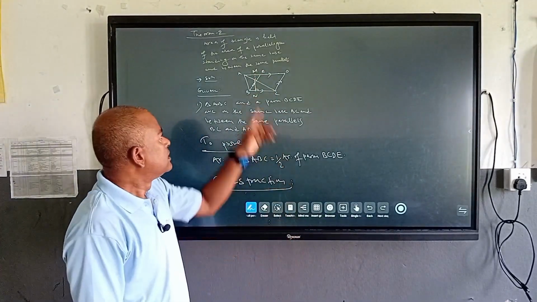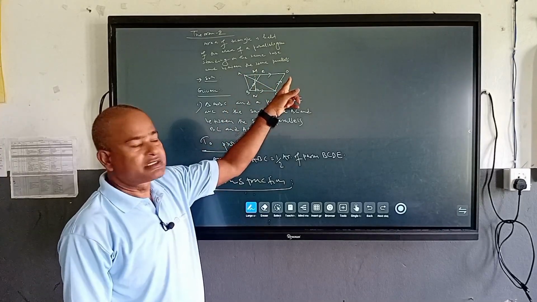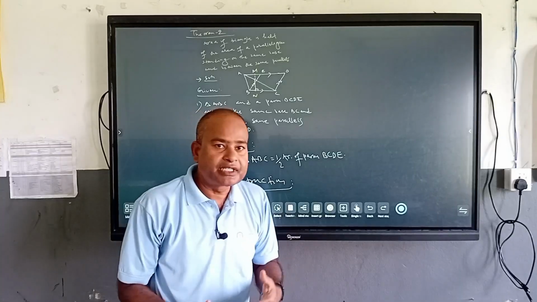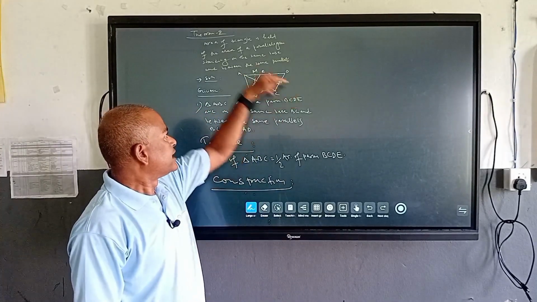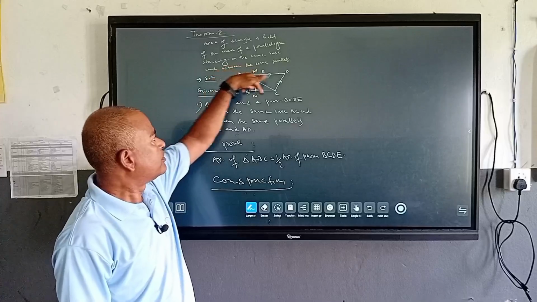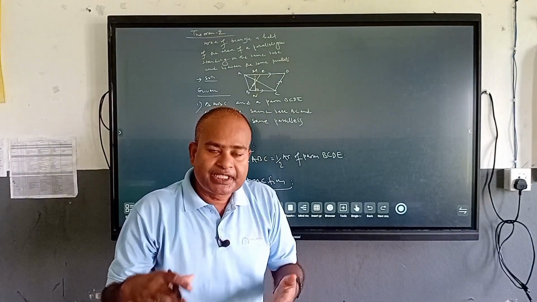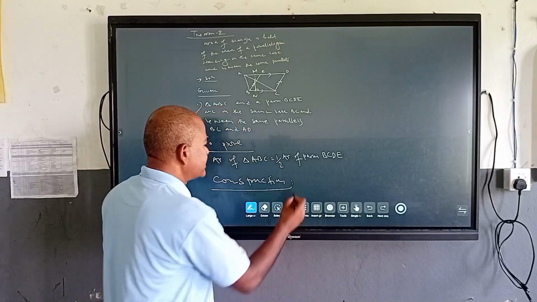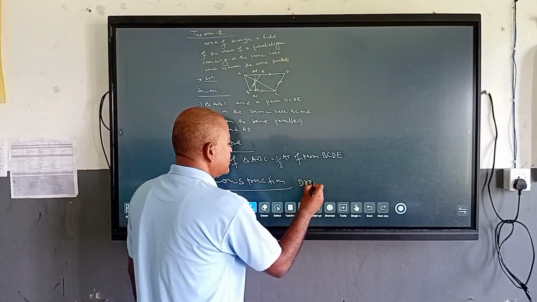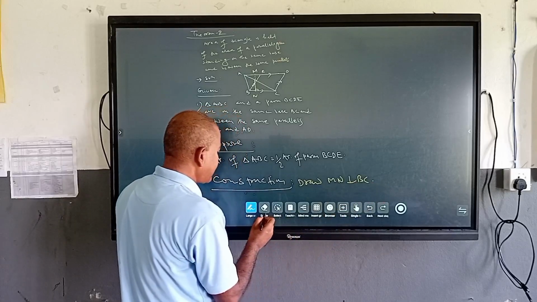We take a point M on the line AD, wherever we want. So we take a point on AD and draw MN perpendicular to BC. That means we'll draw MN making 90 degrees with the base BC. So this is the construction.